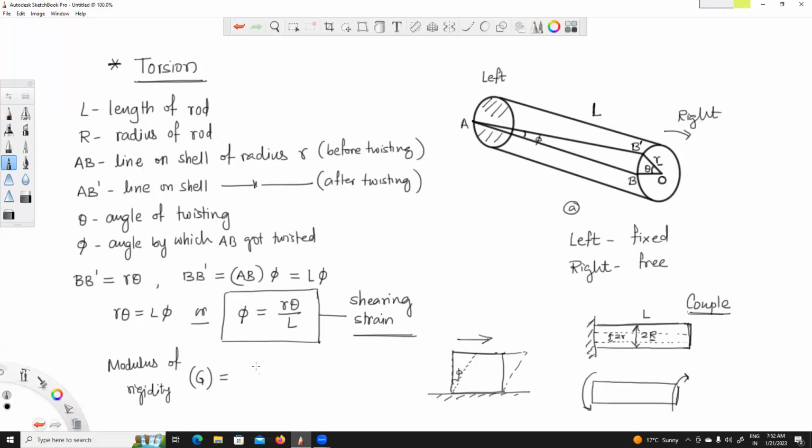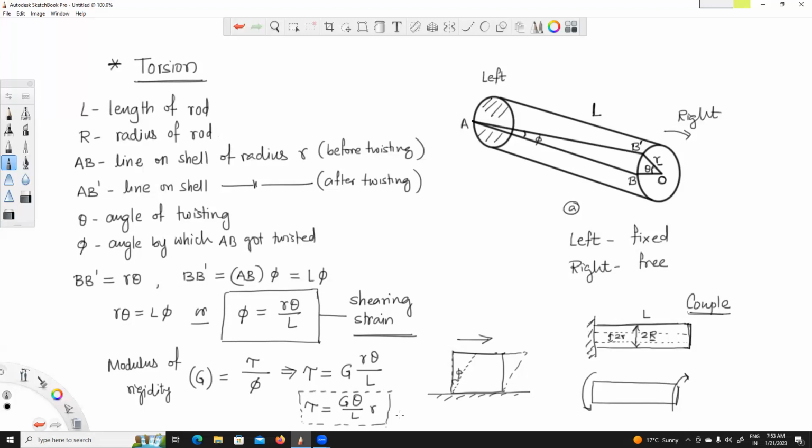So modulus of rigidity is the shearing stress tau divided by the shearing strain phi. So from this, I can write this shearing stress equals G times phi. So G times R theta over L. So let me simplify. This shearing stress is G theta over L times R. So this is an important relation for us.